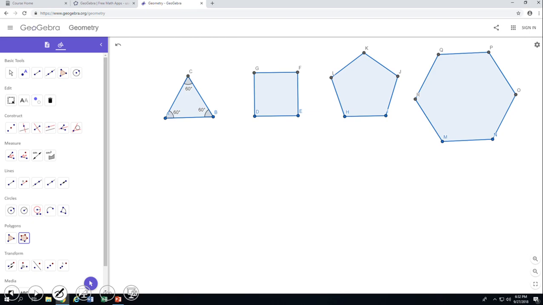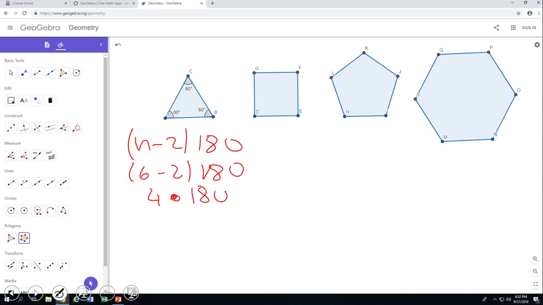And the next one is a regular polygon of 6 sides, a hexagon. Let's find the sum of the measures of the interior angles for this hexagon. Yes, ladies and gentlemen, the sum of the interior angles of a hexagon is 720.